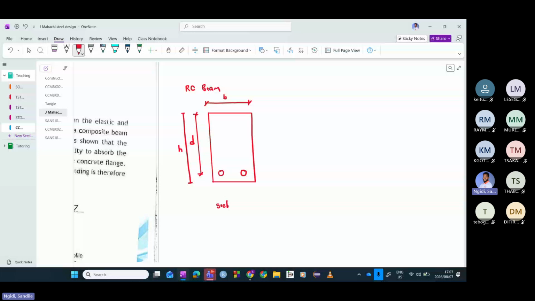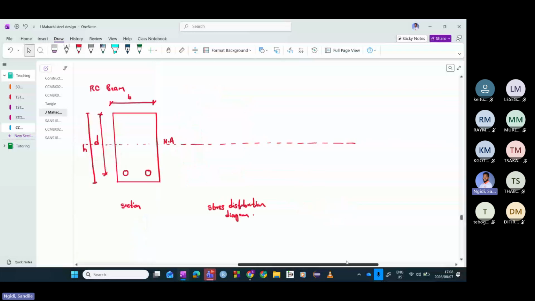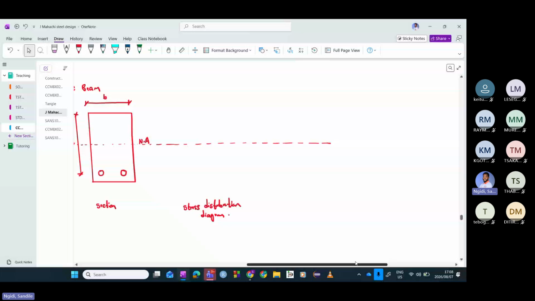And from this, we can draw the stress distribution diagram, and the drawing of the stress distribution diagram is not a difficult task.